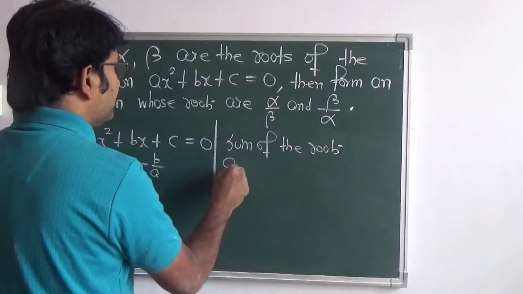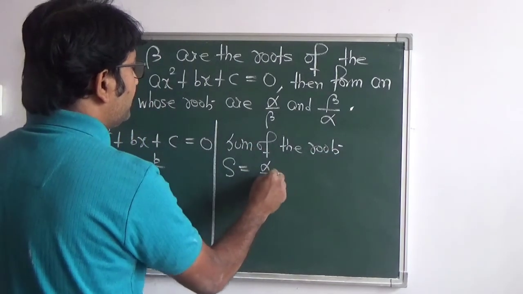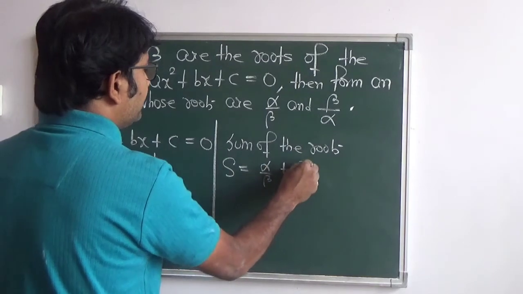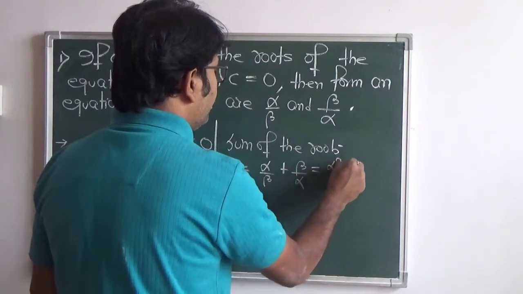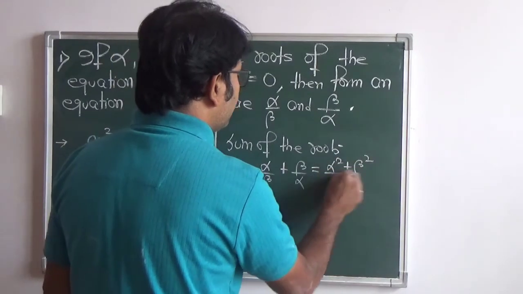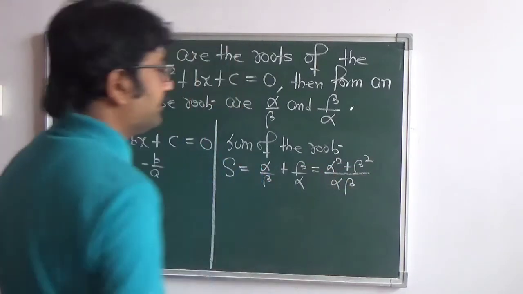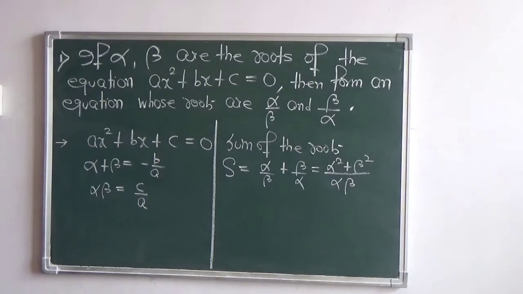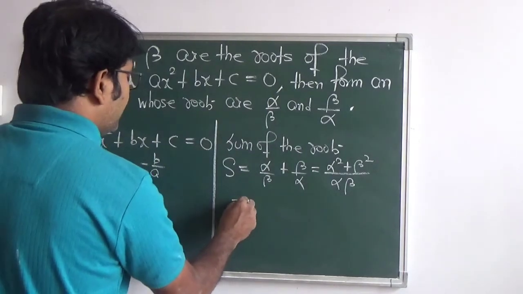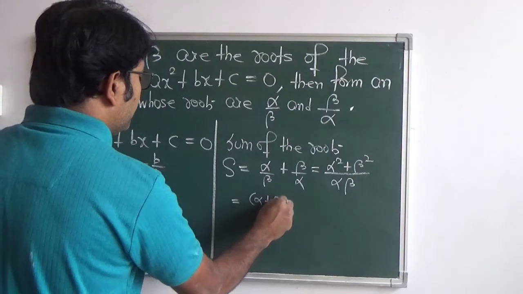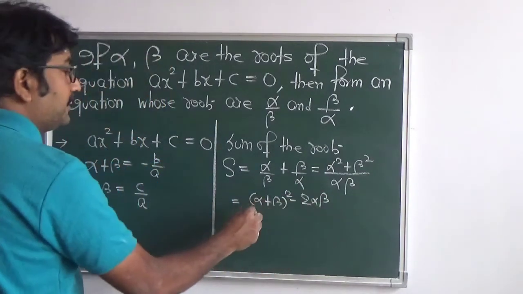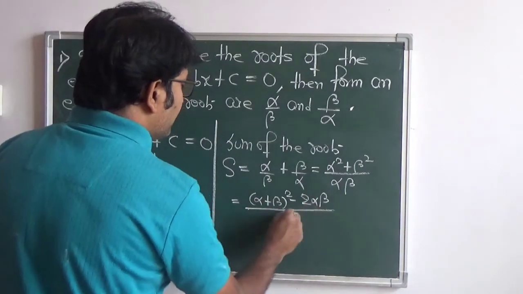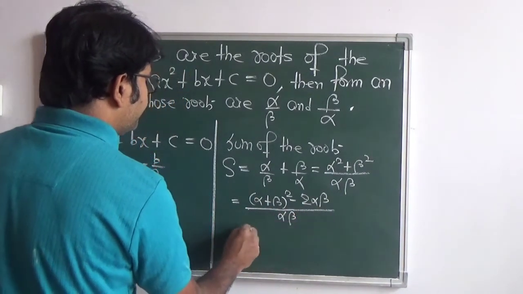So S is equals to how much? Alpha by beta plus beta by alpha, that is equals to alpha square plus beta square by alpha beta. Now again alpha square plus beta square, we cannot put it directly, we have to write in terms of alpha plus beta and alpha beta. So this is alpha plus beta whole square minus 2 alpha beta divided by alpha beta.